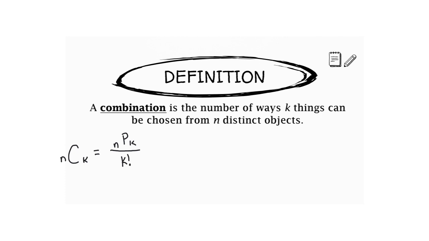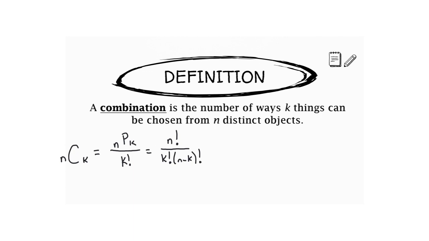We just want to select them. And permutations select and arrange. So if I simplify this a little bit, I'll end up getting n factorial over k factorial times the difference factorial. And that's the formula that you can use to execute a combination when you know n and k.